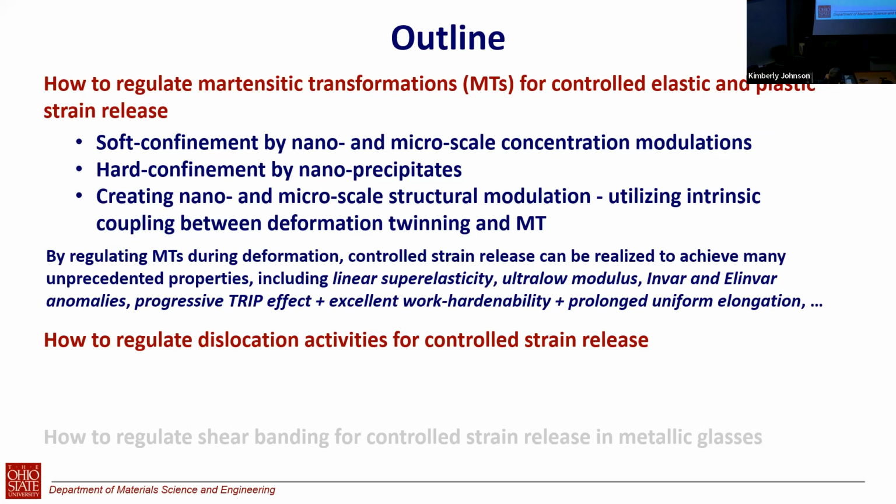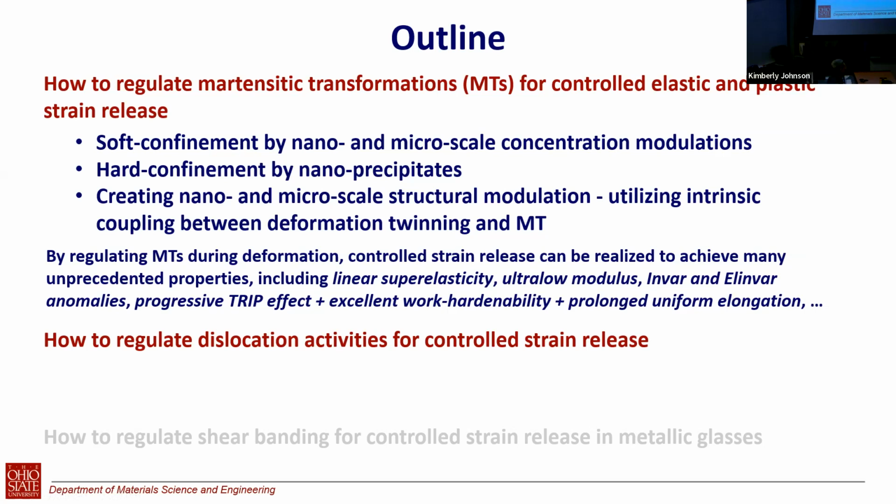So all those techniques allow you to control the martensitic transformation, and then you can control the strain release, and you can get very interesting properties. Here I can emphasize linear superelasticity and ultra low elastic modulus. You can have Invar and Elinvar anomalies, which means the thermal expansion coefficient is zero, or the elastic constant doesn't change as a function of temperature.